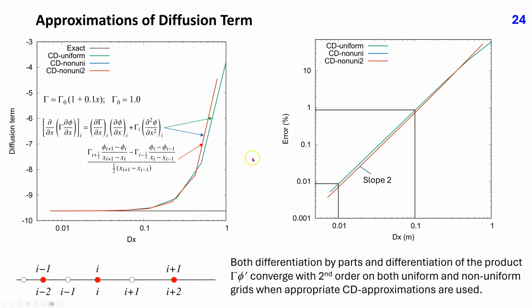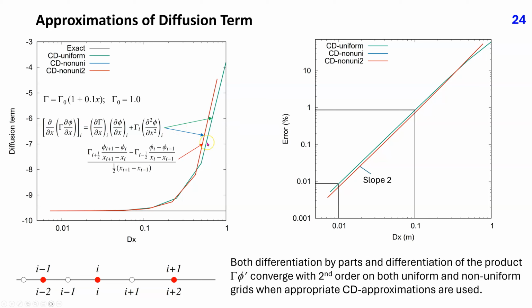This figure shows the variation of the derivative from different approximations, while this plot shows the errors from approximations on each grid versus grid spacing plotted on a log-log scale. The green line, labeled CD uniform, shows the results from this expression when the grid is uniform, while the blue line, labeled CD non-uni, shows the results from this expression applied to non-uniform grids.